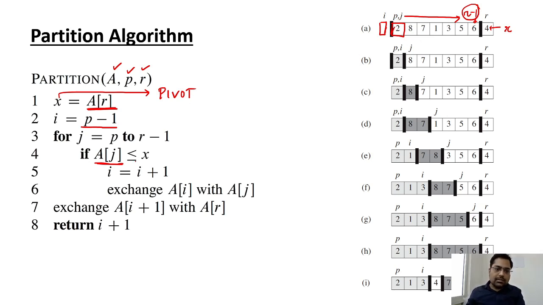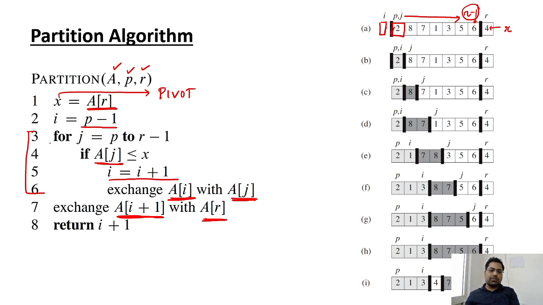Once A of j is found less than or equal to the pivot, the i value will be incremented by 1. Now once we have done it, we will exchange A of i with A of j. That is the exchange or swap between the numbers, swapping the position of i with the last index.